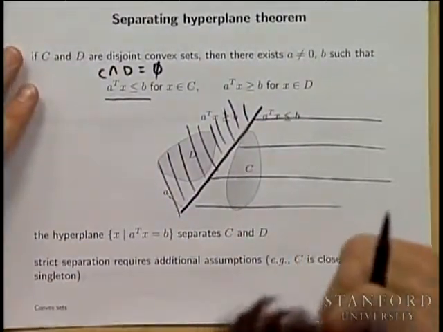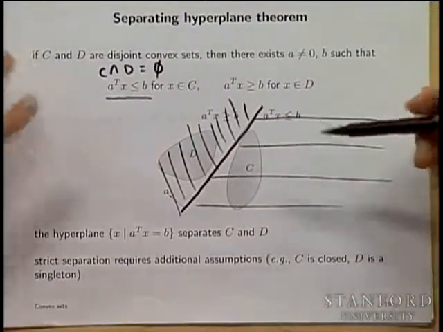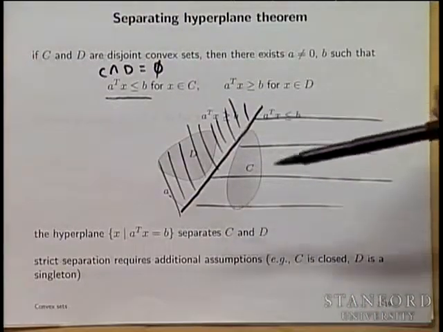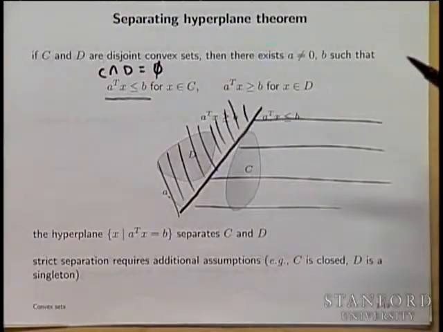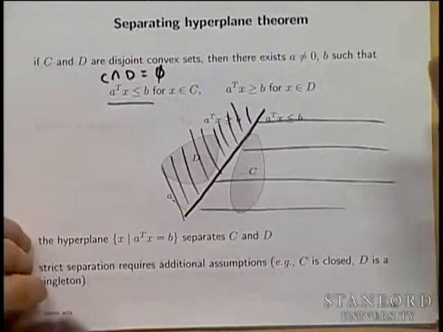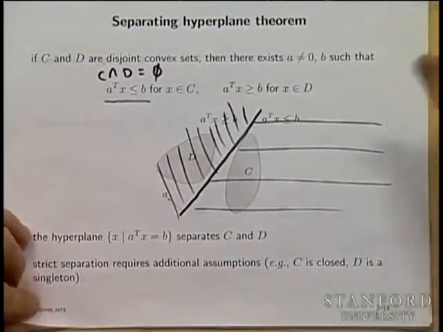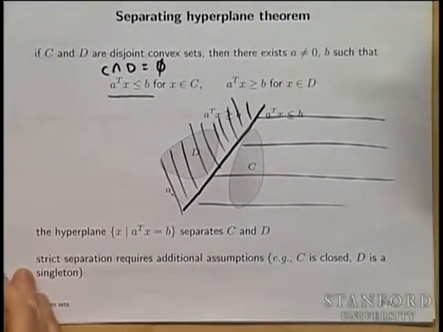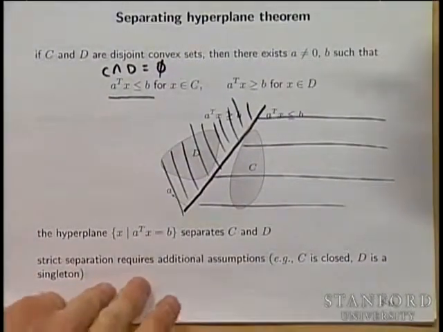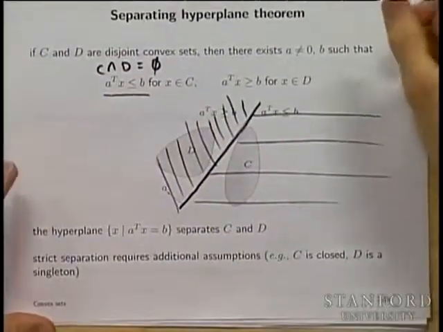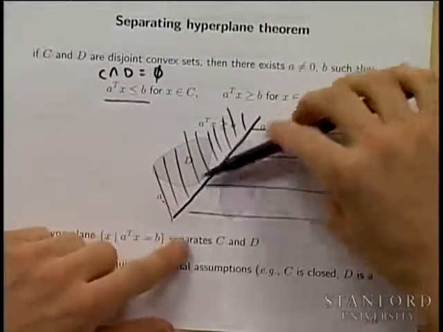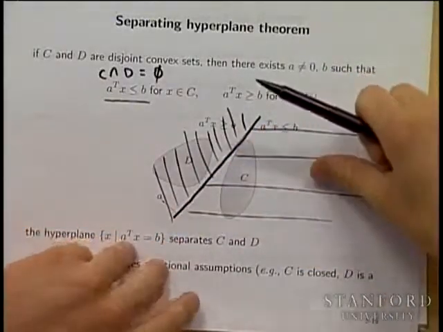And this theorem, which I think is proven in the book, says that any two sets like this that are disjoint, there has to be a separating hyperplane. Now, strict separation requires more. So I won't go into the details here, but strict separation would be a hyperplane that actually passes through neither set.